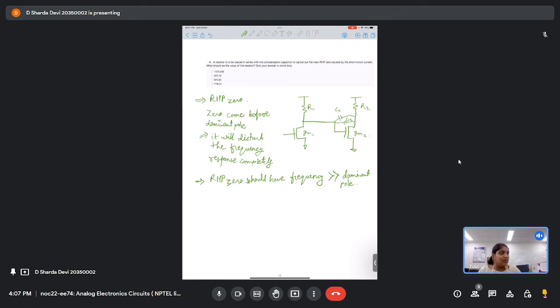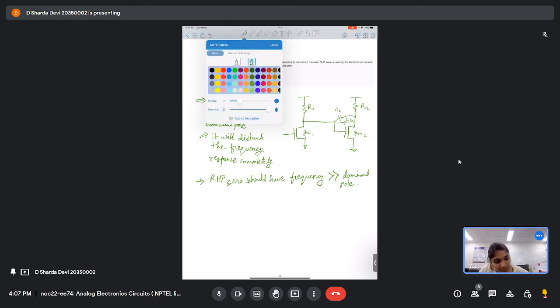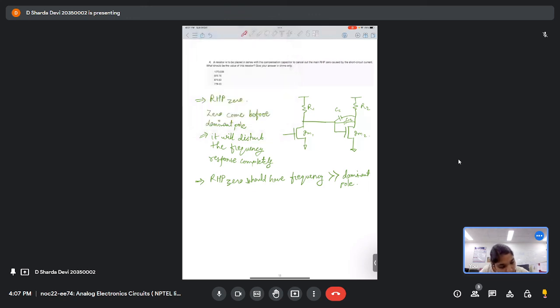There he also mentioned what will happen if in place of this CC, we have a CC as well as RC, CC dash and RC dash. If this is the condition, then how the things will change. So maybe you can look into it in the lecture. I'll go ahead and solve the expression.